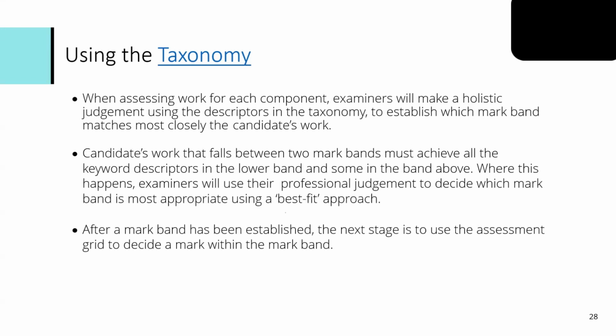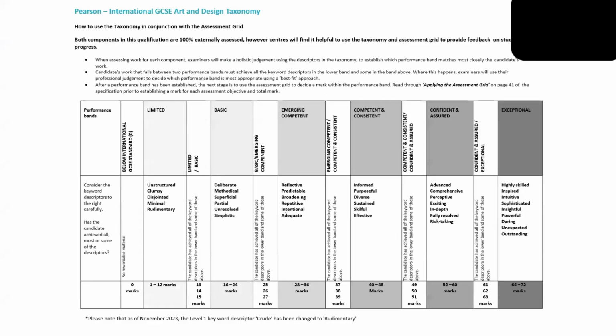After a mark band has been established, the next stage is to use the assessment grid to decide a mark within that mark band. Please note the link to the taxonomy in the slide. After looking at the visual characteristics of the work holistically, a mark band is decided using these descriptors that best exemplify the work in the taxonomy.